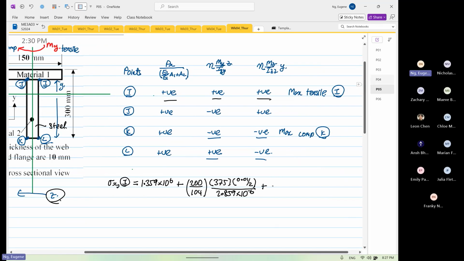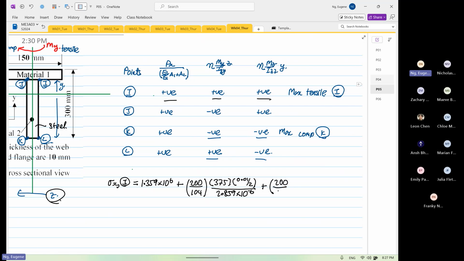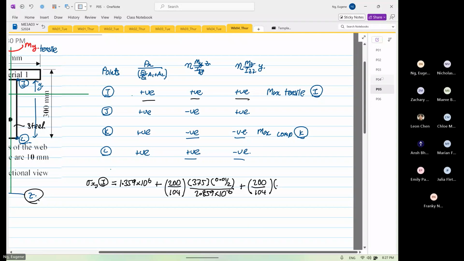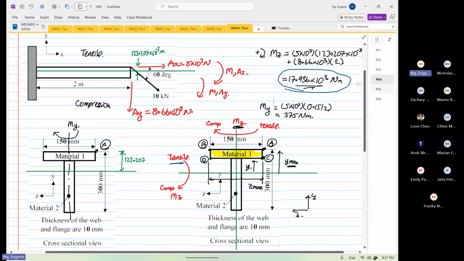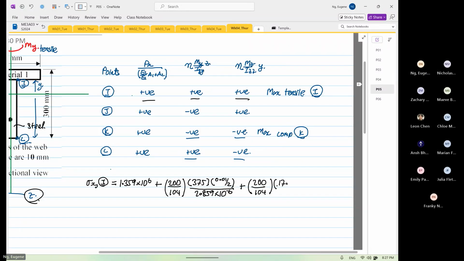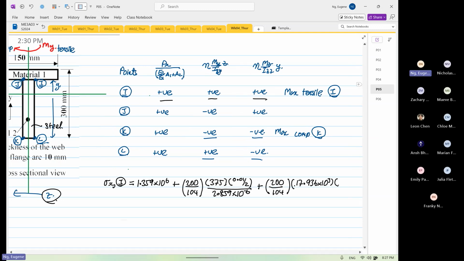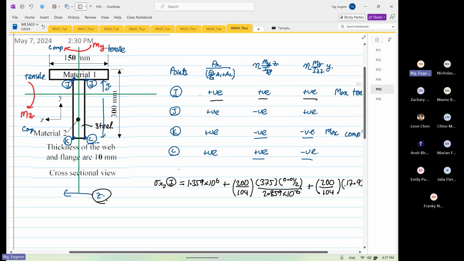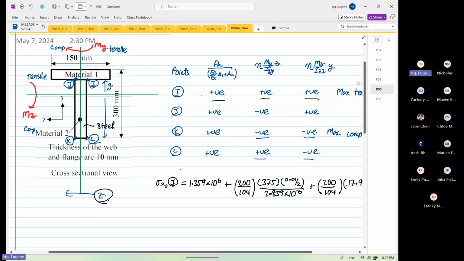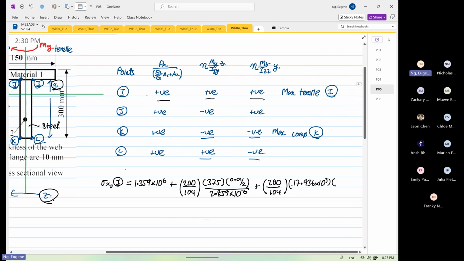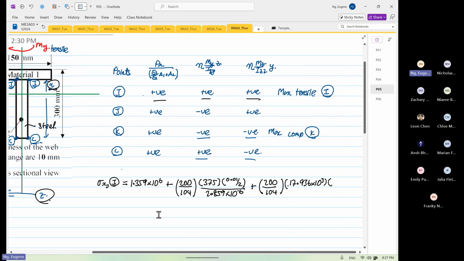Then plus again, because we are dealing with steel, we have to consider our moment, 17.936, and then multiply by distance. So we know that this is a small y. This y distance is what we need to know. So the centroid, let me move this across.